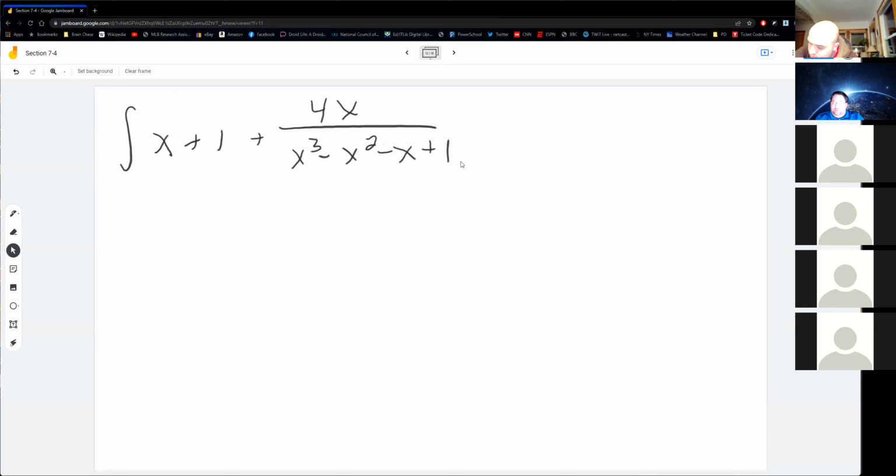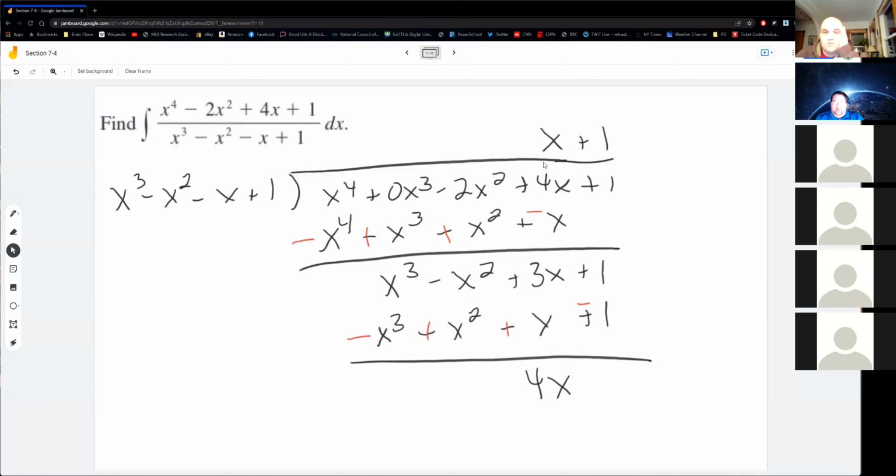And then my remainder was 4x over my original denominator. Just real quick, the x plus 1 is what we got when we, yeah, that was the quotient. That's the remainder.